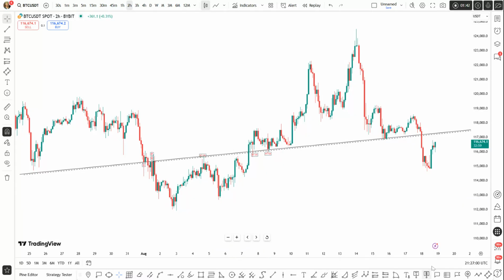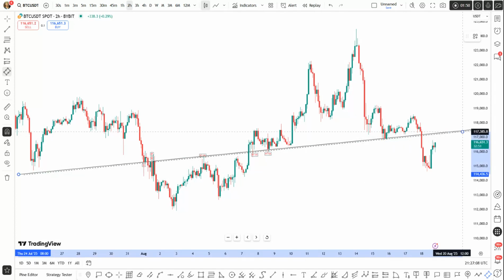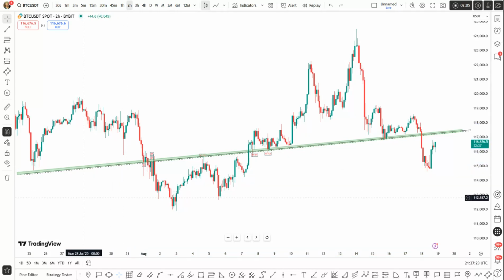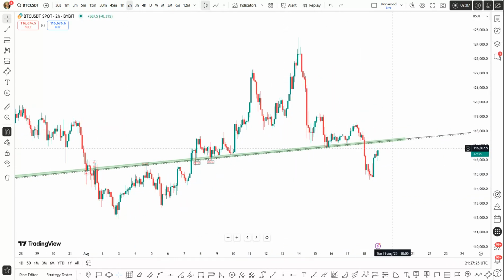So if we like, we can make a zone. I want to make a zone from this price action and allow it to accommodate the wicks. It's a buy sell territory that I'll be watching out for a clear breakout.